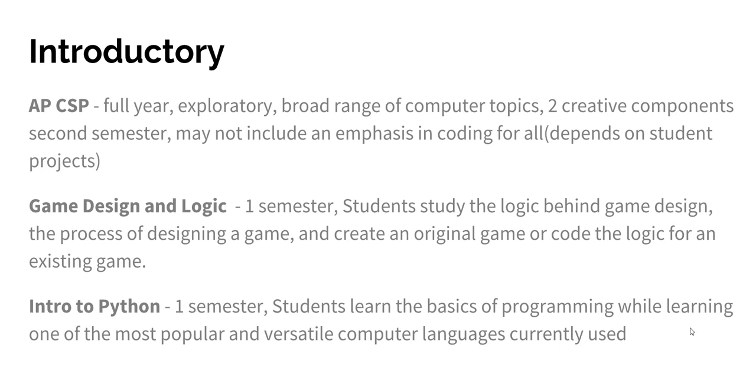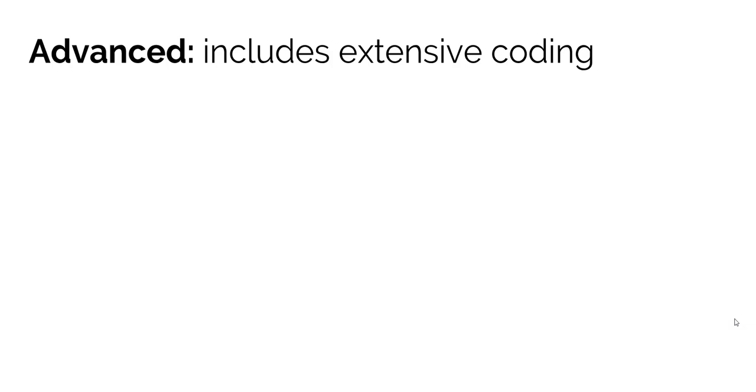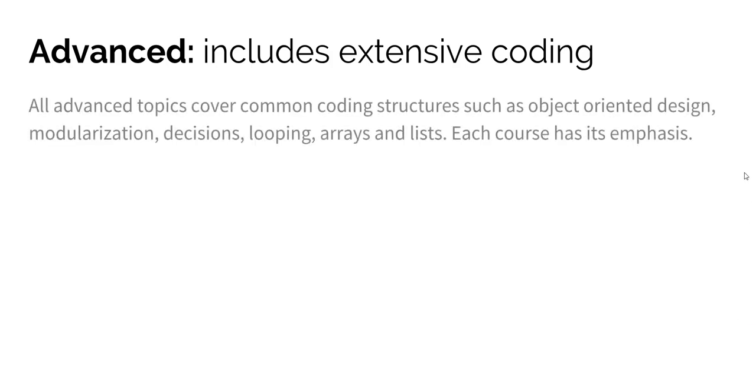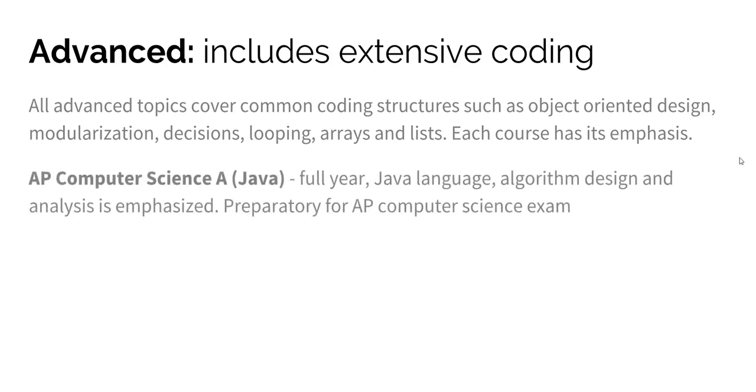After completing one of these classes and based upon teacher recommendations, students can take the advanced classes, all of which include extensive coding. All advanced classes will cover coding structures such as object-oriented design and modularization, decisions, looping, arrays, and lists. Each course will have its own emphasis.